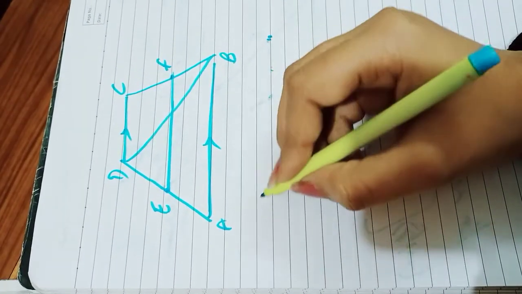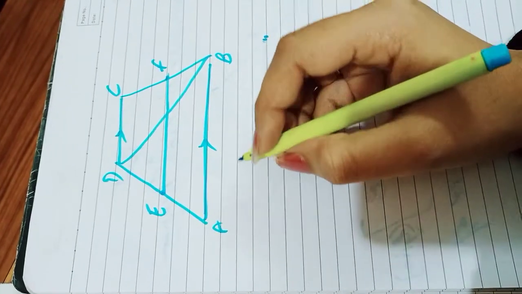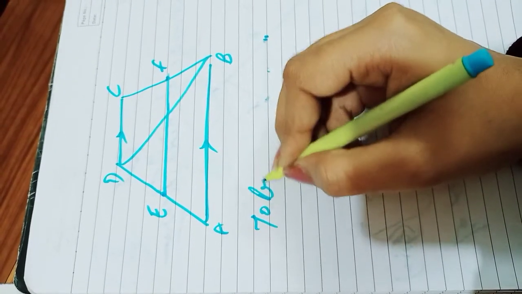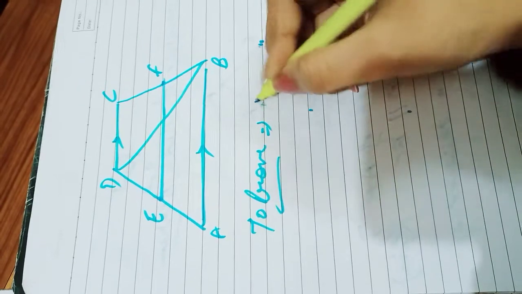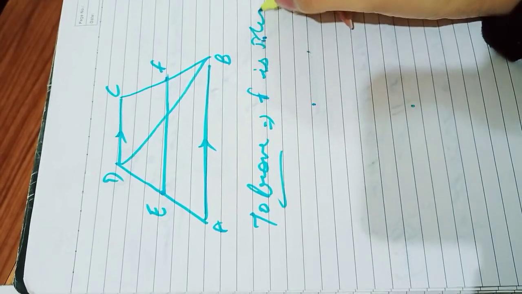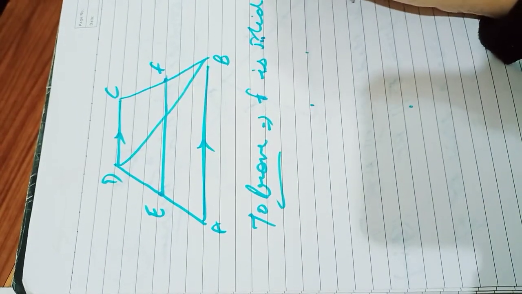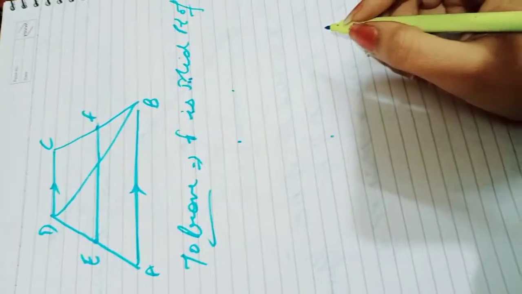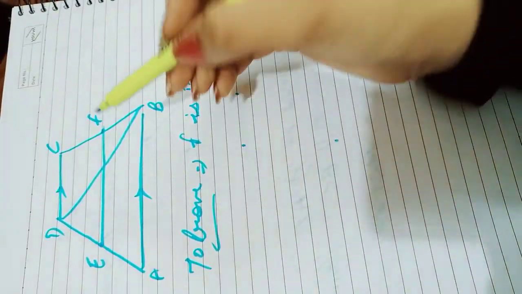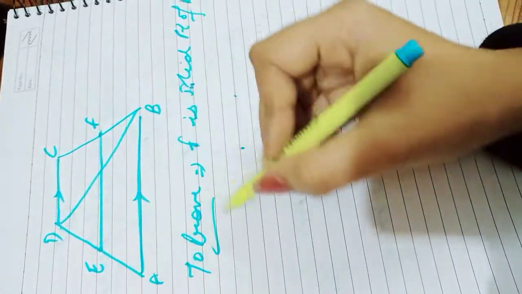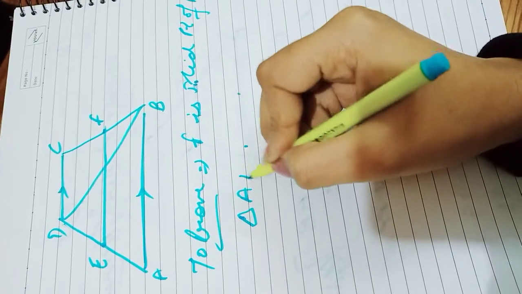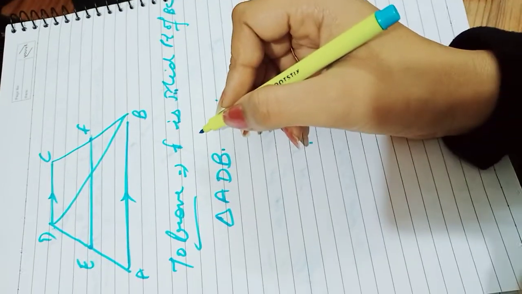What you have to show, given you will write, I'm going to write to prove only. What you have to show: F is the midpoint of BC. This you have to show. How will you show it? Very simple. First of all, in this triangle ADB, you will go. Okay.